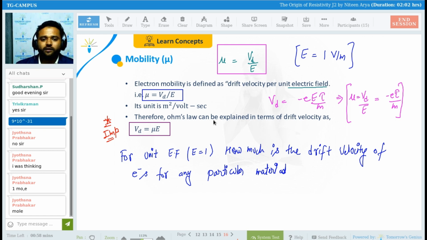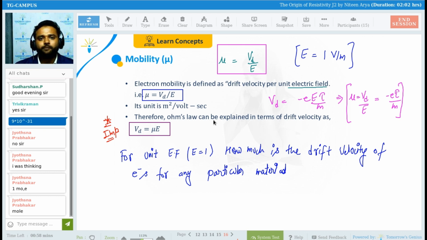See, suppose you are doing an experiment and you change the scenario or the assumptions. That is the same way we are doing right now. What if the electric field is 1? For that, we give a new quantity known as mobility. What is mobility?